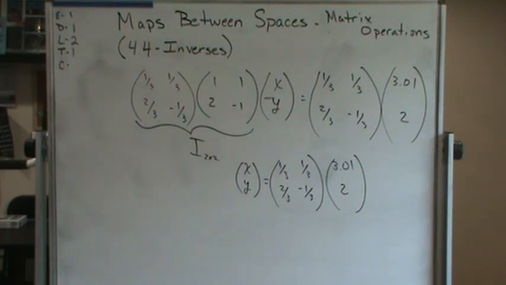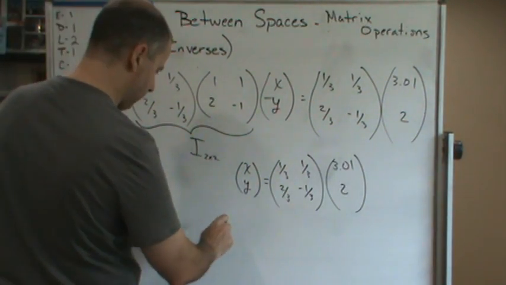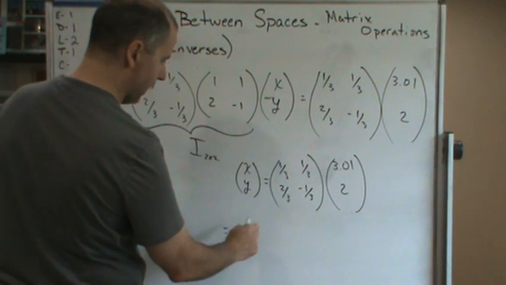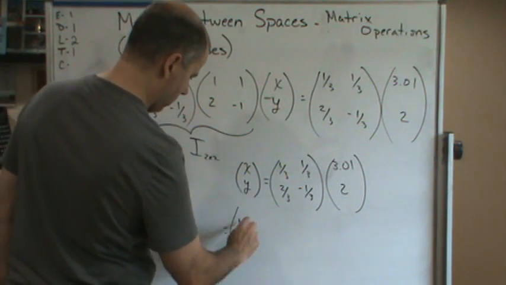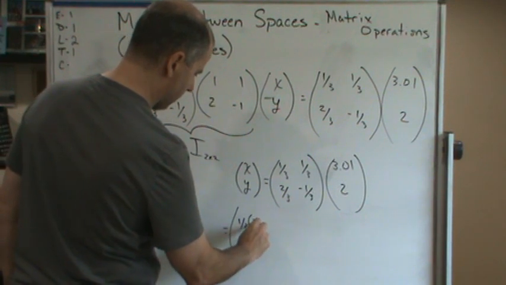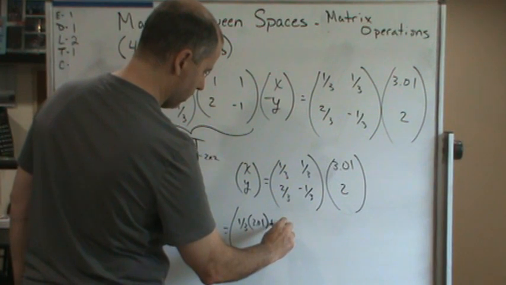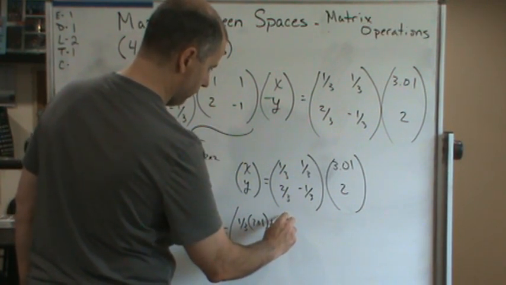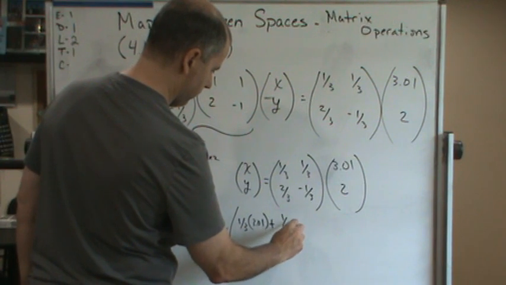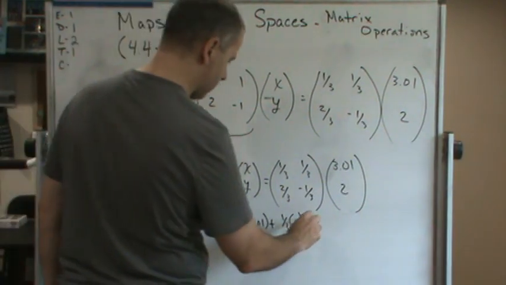So now what do I get? I'm going to leave it expanded, but what I'm going to get is 1/3 times 3.01 plus 1/3 times 2.